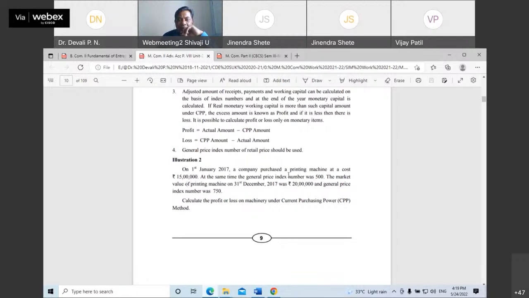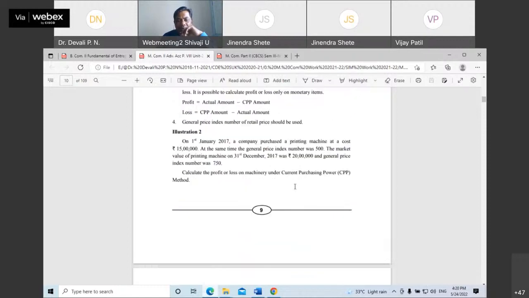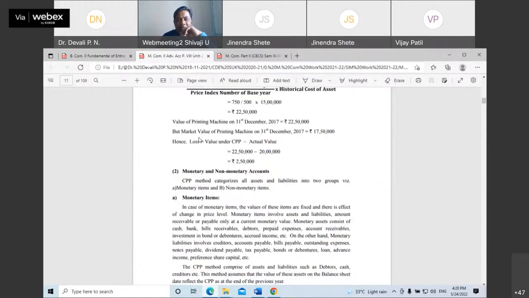But when you reach the market, you get rupees 20 lakh at the end. On the same line, after converting this particular figure, you are getting 22,50,000 rupees. This is the value under the CPP method, and right now you have an actual value of rupees 20 lakh.